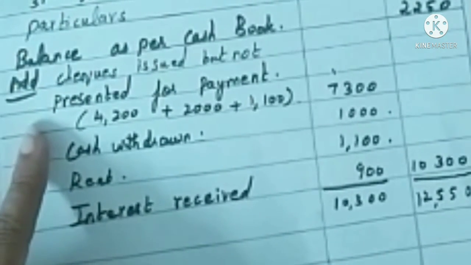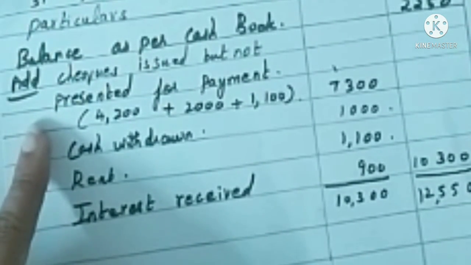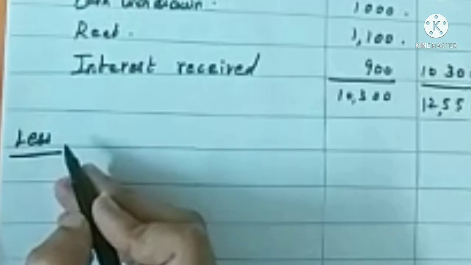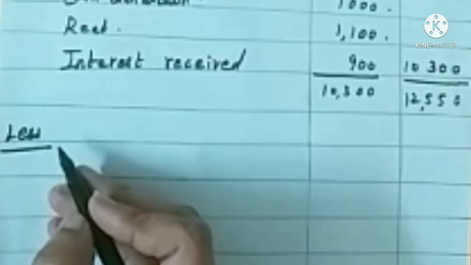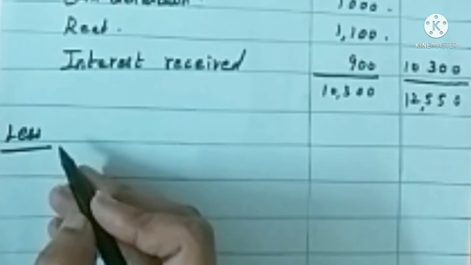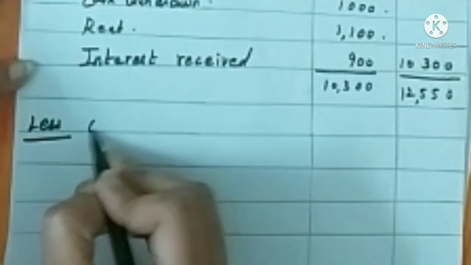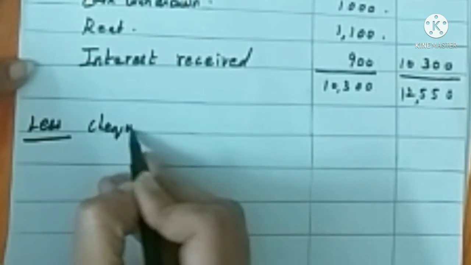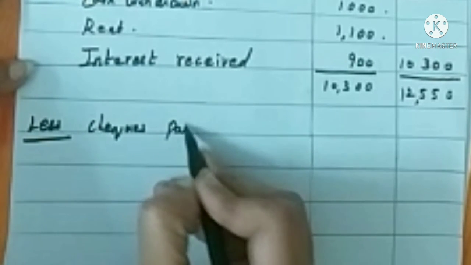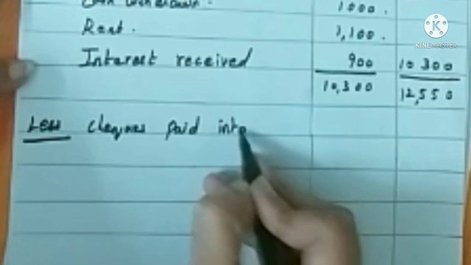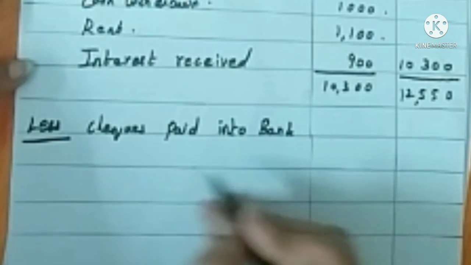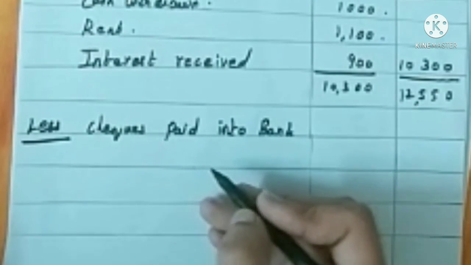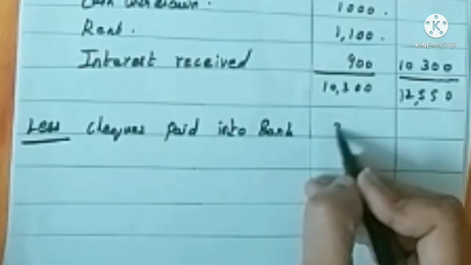Now let's see what all items have to be deducted. Cheques paid into bank but not credited. Pavitra, amount is rupees 3,400.